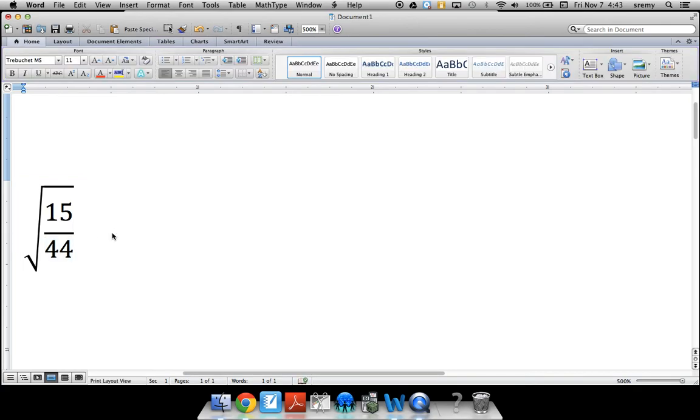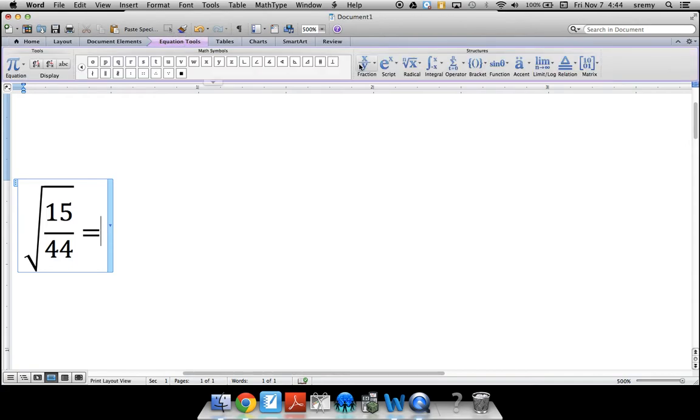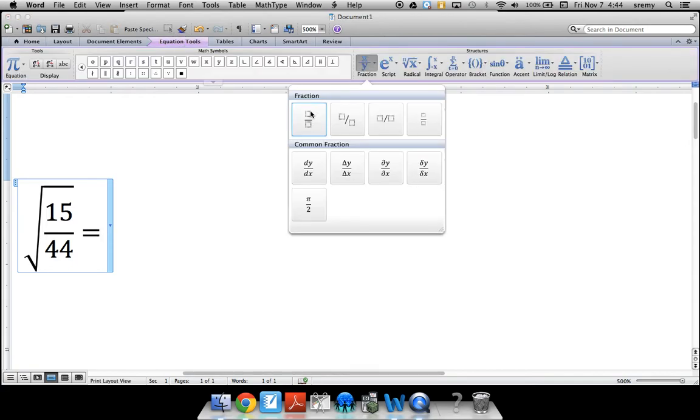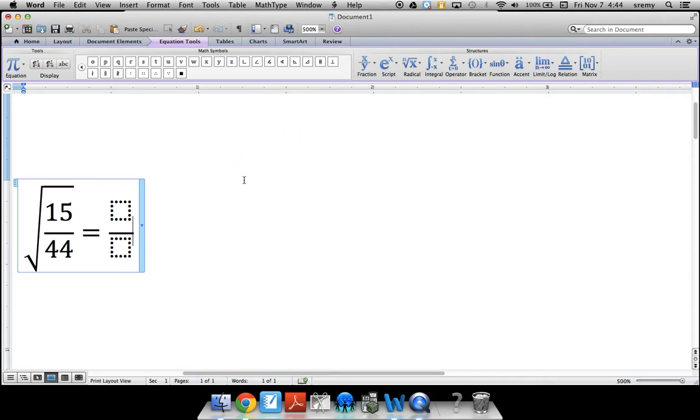Okay, now a lot of times we end up splitting this up into two fractions. So let me stay inside this box for the equation, and I'm going to want a fraction. All right, so I can go to equation tools up here since I lost my place. Now I want to write that as two separate radicals.